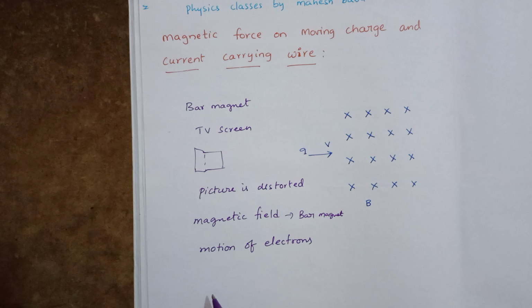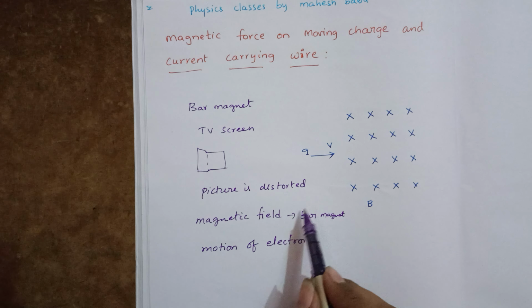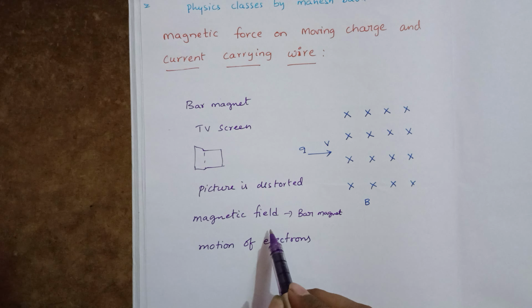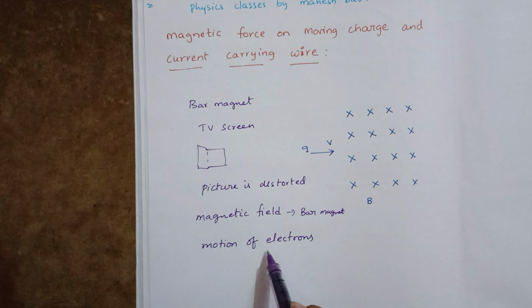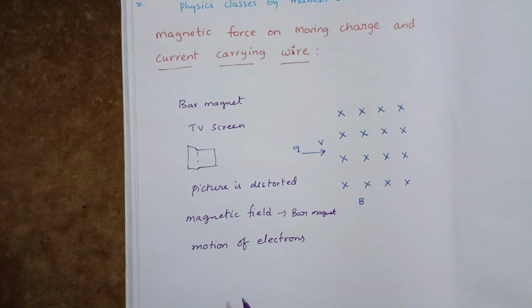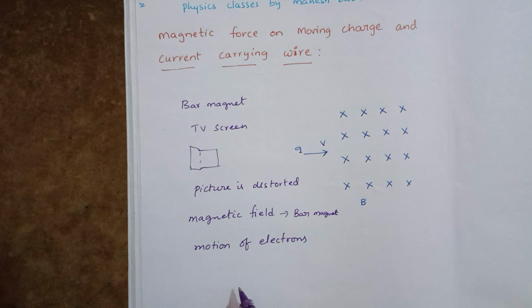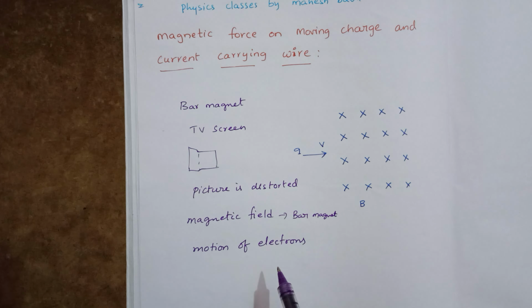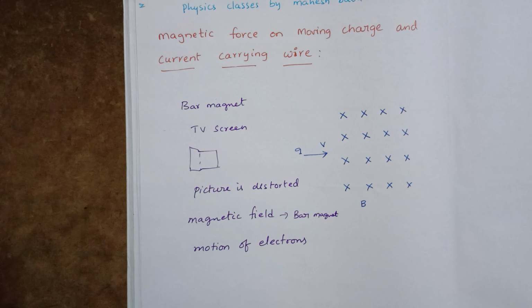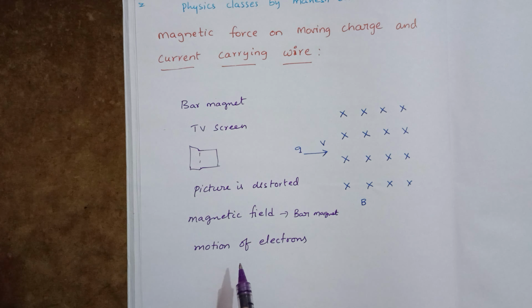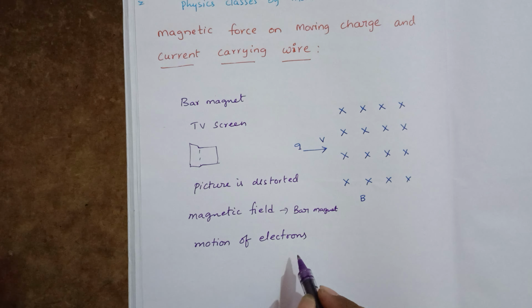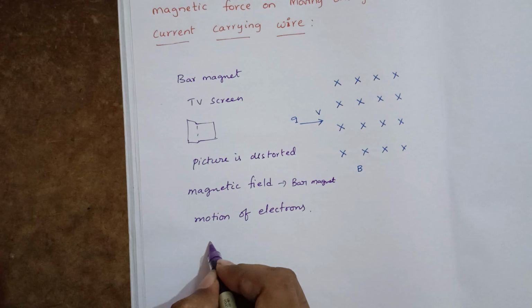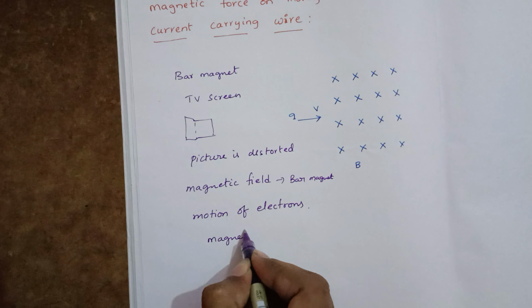That means we can say that the magnetic field of this bar magnet exerts a force on these moving charges. That force is known as magnetic force.